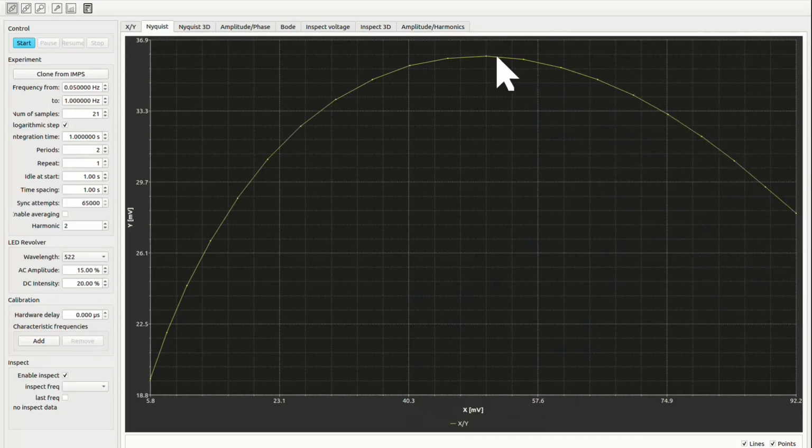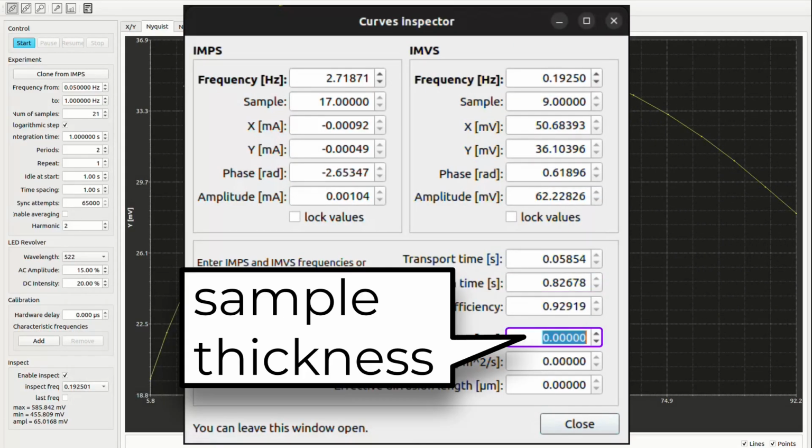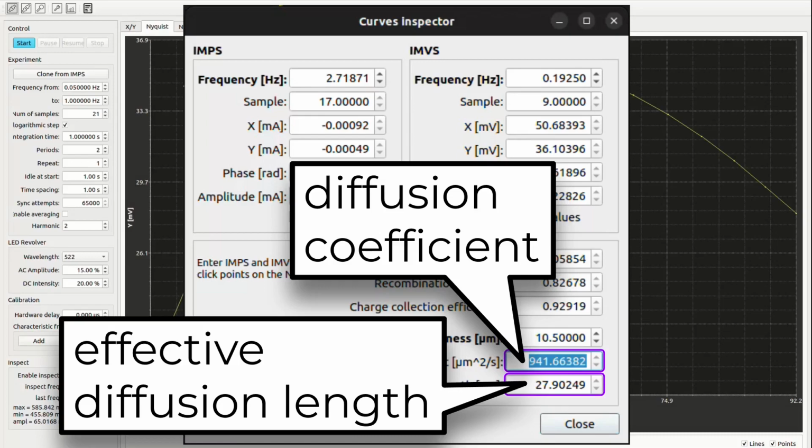And from the IMVs plot, the recombination time is revealed. Then type in your sample thickness to calculate two parameters that describe the electron's diffusion, diffusion coefficient, and effective diffusion length.